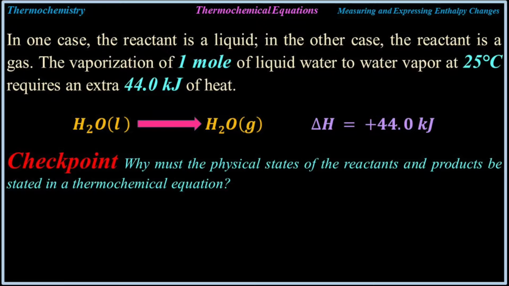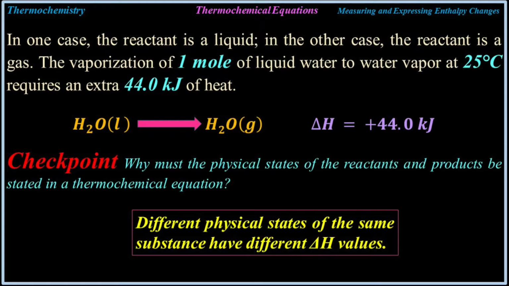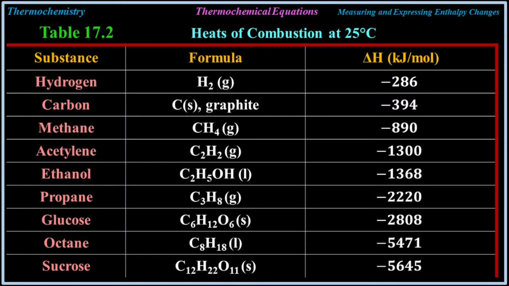Checkpoint. Why must the physical state of the reactants and products be stated in a thermochemical equation? Different physical states of the same substance have different ΔH values. They also have different specific heat values as well.